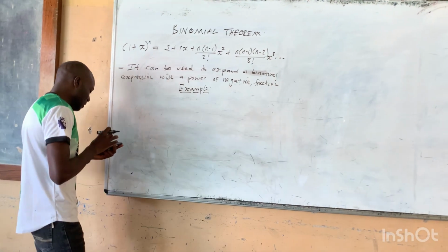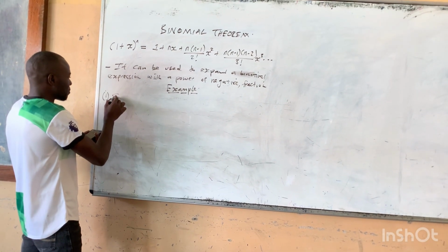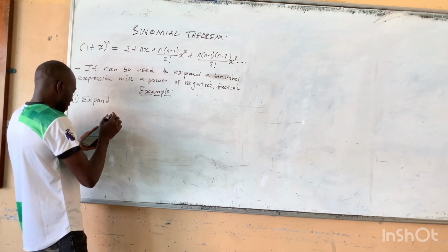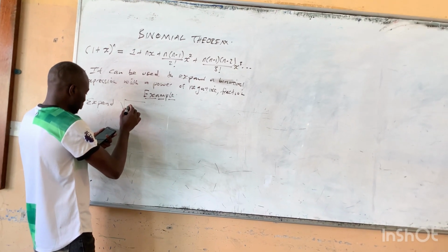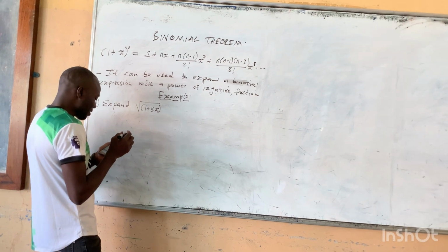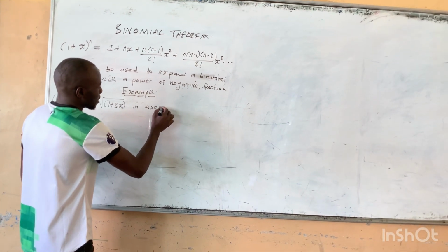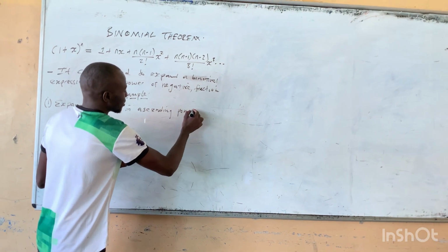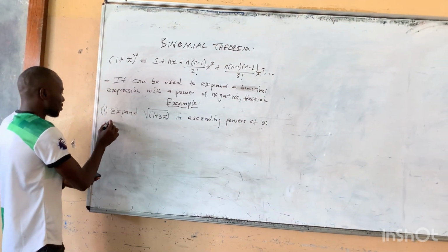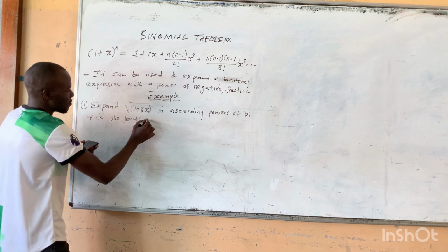Let's say we are given this first question: expand square root of 1 plus 3x in ascending powers of x up to the fourth term.